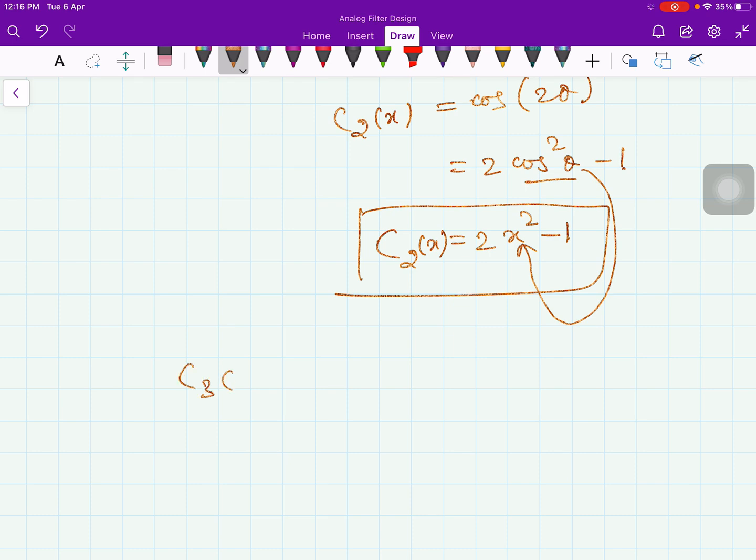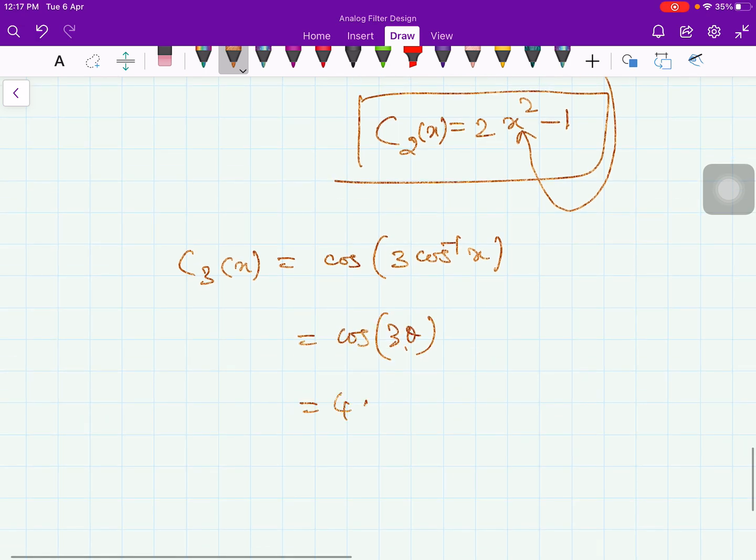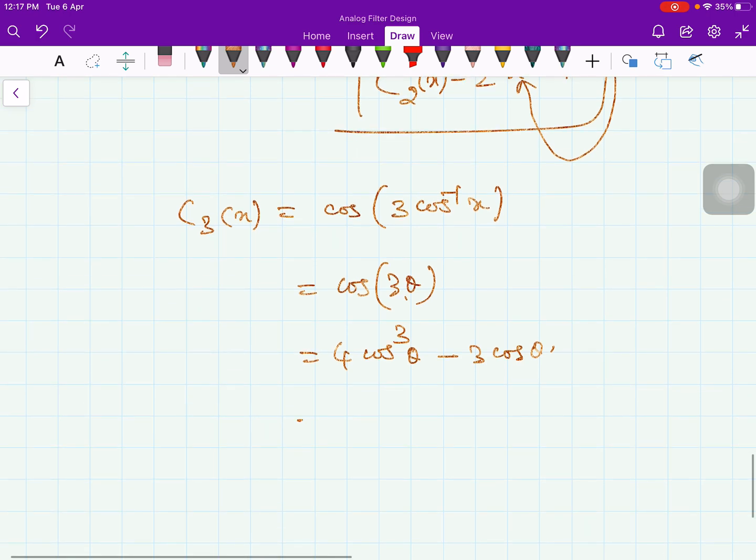Similarly, C3 of x, which is cosine of 3 times cos inverse of x, again substitute cos inverse of x equal to theta, so cos 3 theta, and then this is 4 cos cubed theta minus 3 cos theta, and then cos theta is x, so 4x cubed minus 3x.